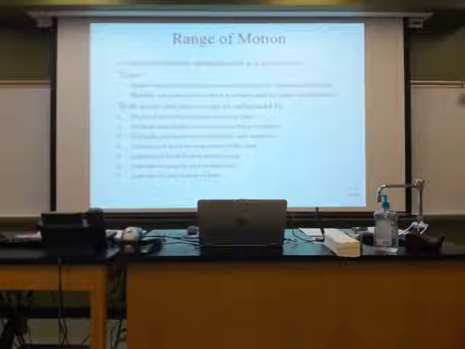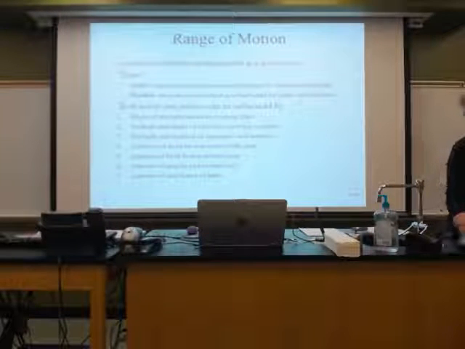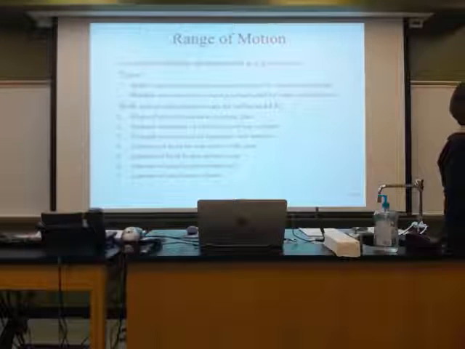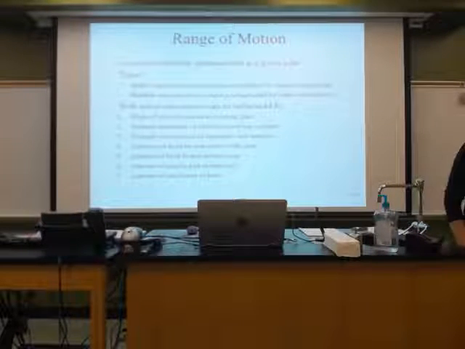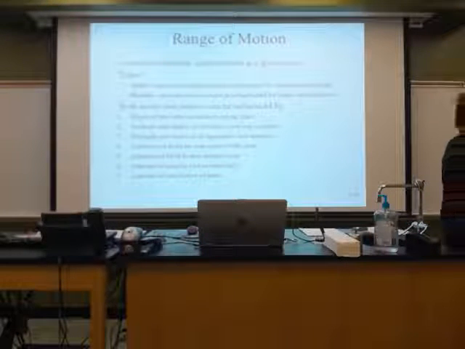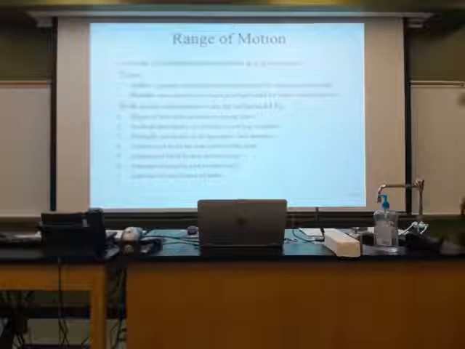Now, think about this for a second, okay? I mentioned that all of these were joints, right? I've got joints here, I've got joints here. Everybody kind of following me on this?